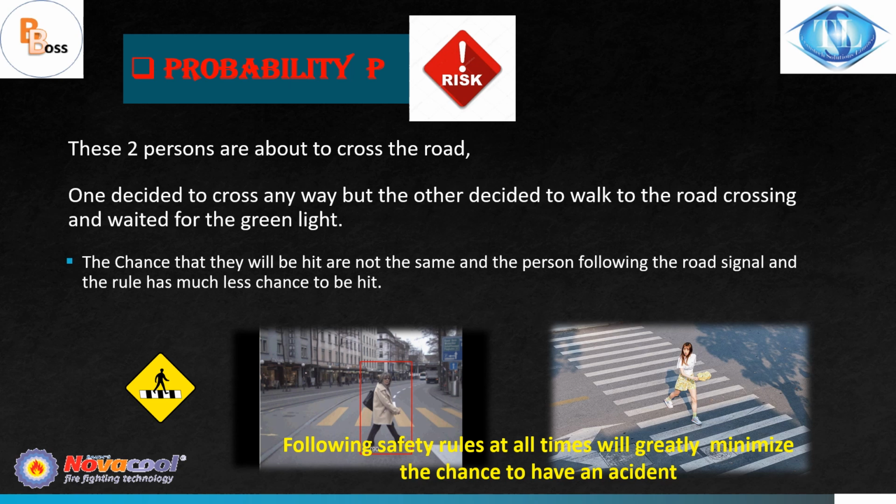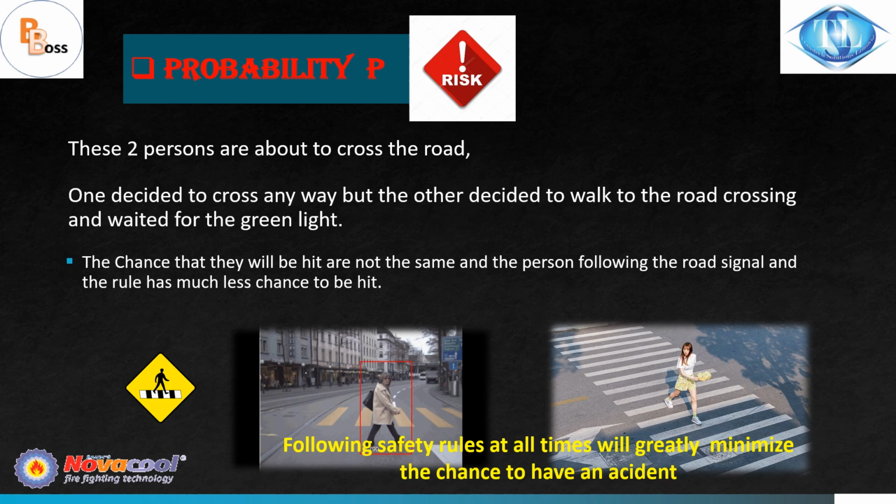And we can say that the probability that the person will be hit or exposed to a certain injury or to the severity will increase or decrease depending on what you are doing. If we follow the rule, it will most probably decrease.